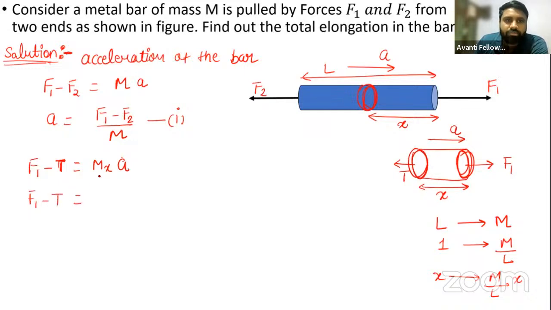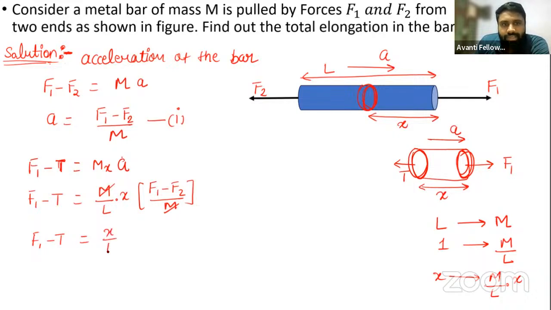F1 minus T is equal to mx. What is mx? We have calculated it as M by L into x. And what is the value of acceleration? It is F1 minus F2 by M. You can cancel out this M. So F1 minus T is equal to x by L into F1 minus F2.